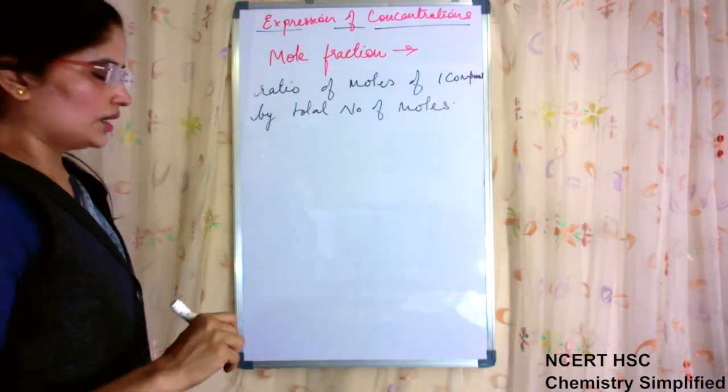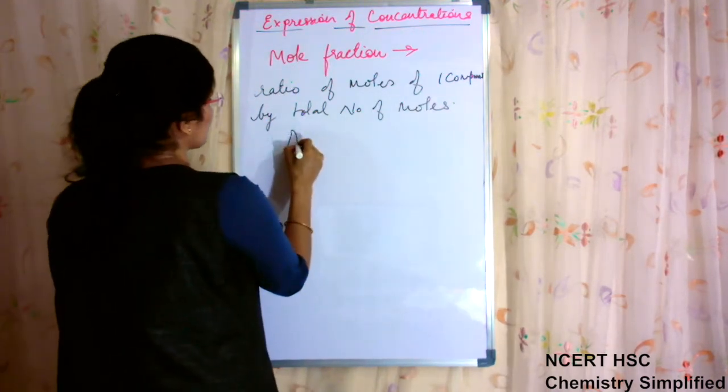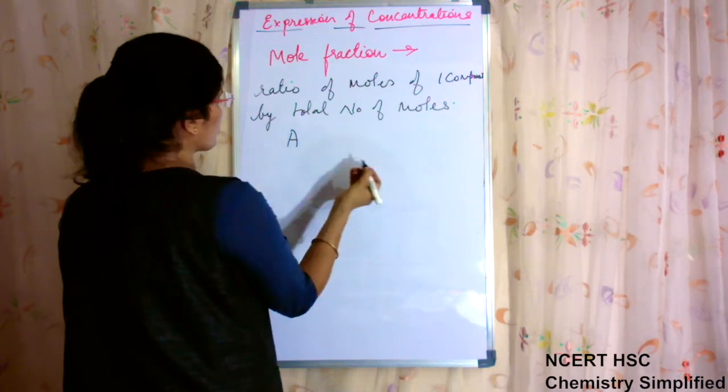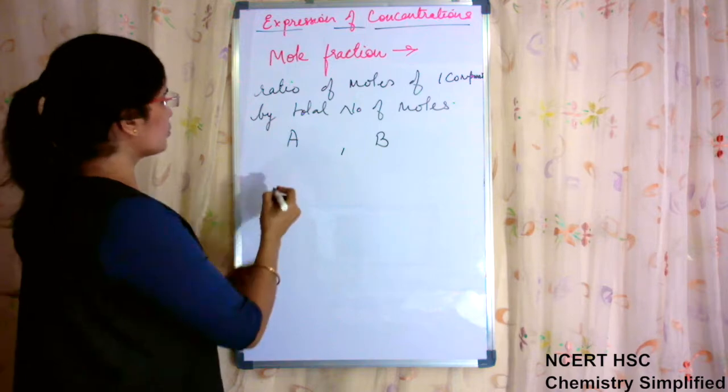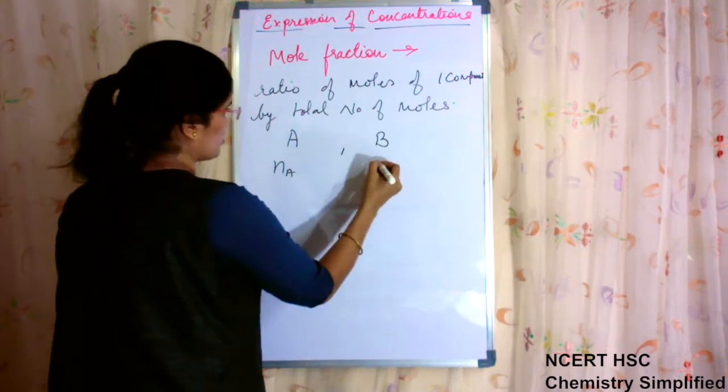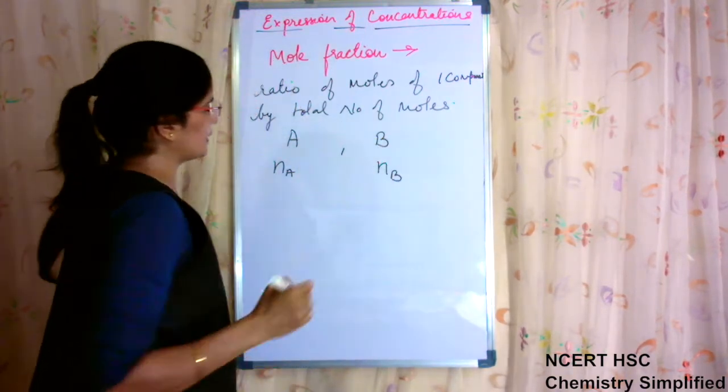For example, let us take two components of a solution, A and B. The number of moles of A is Na, and the number of moles of B is Nb.